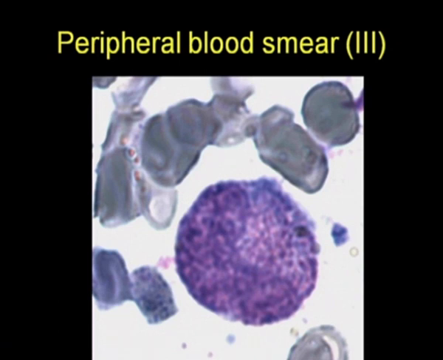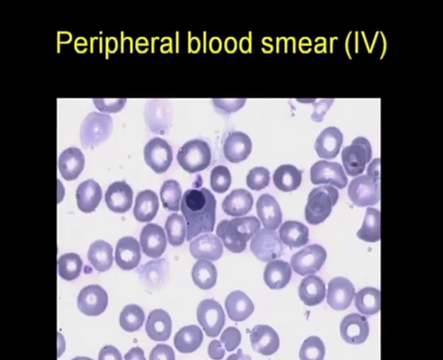This is a sort of metamyelocyte, but it's very, very large, very huge. If you remember, in the Sysmex report, there were enumerated immature granulocytes and nucleated red cells. And again, you see here there is an orthochromatic erythroblast.